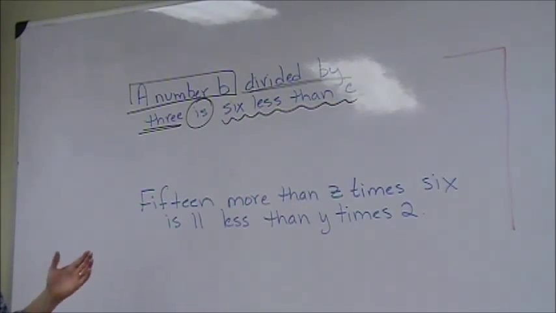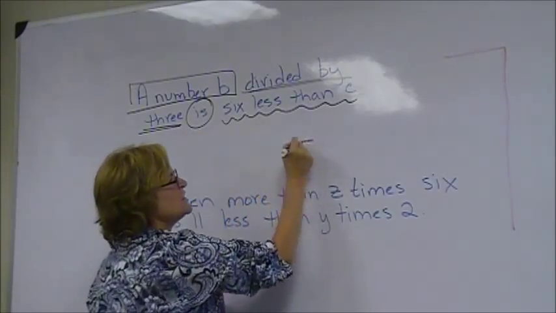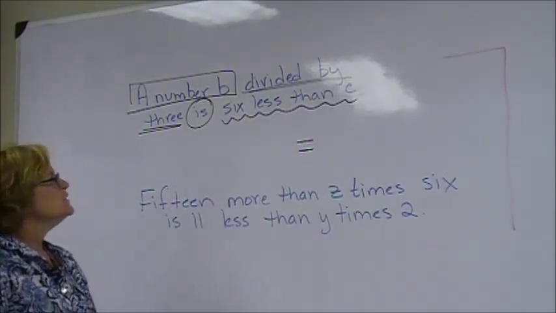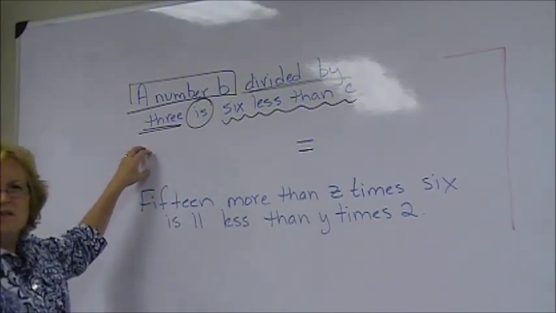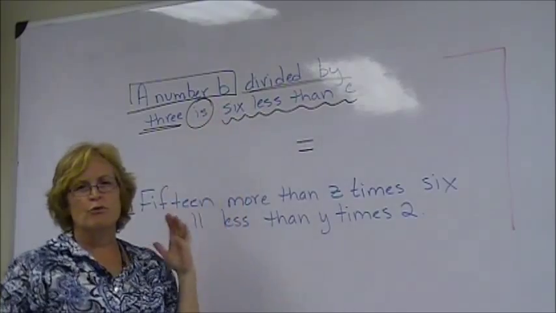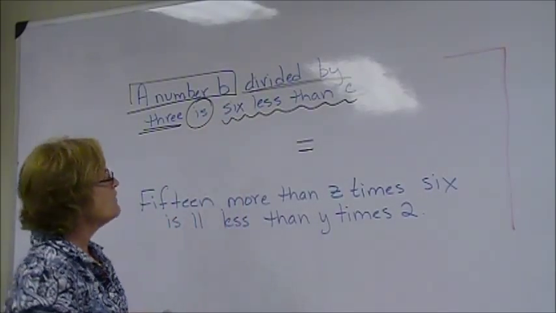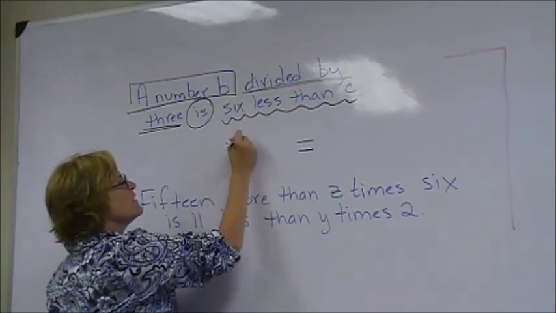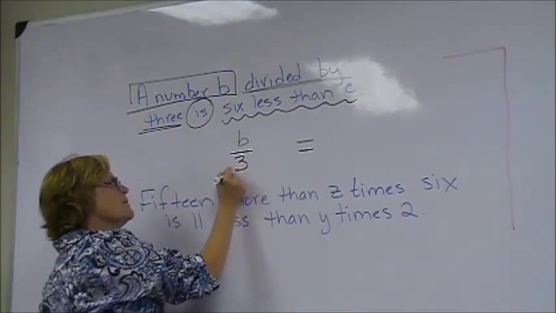So you'll notice that I have 4 parts, and the first one that I can really take care of is the is. So let's see what goes on the left side of the is. I have a number b divided by 3.